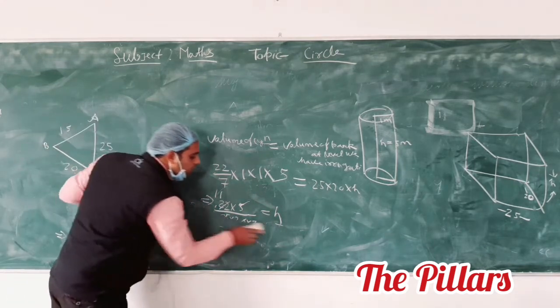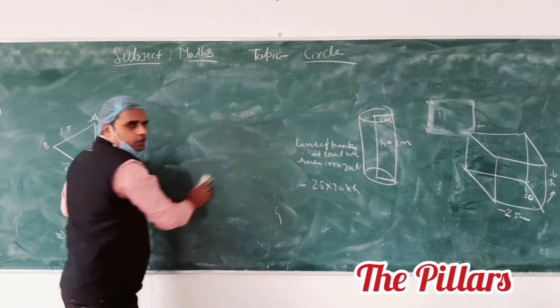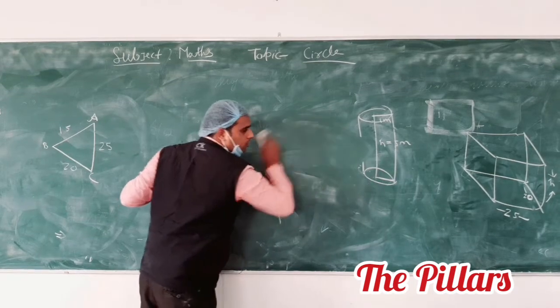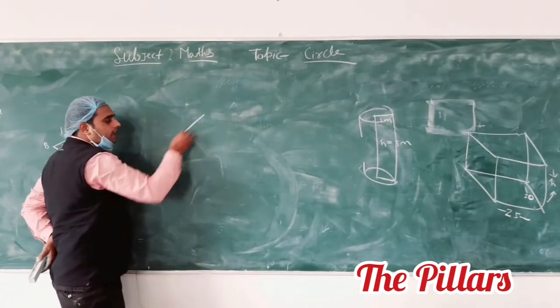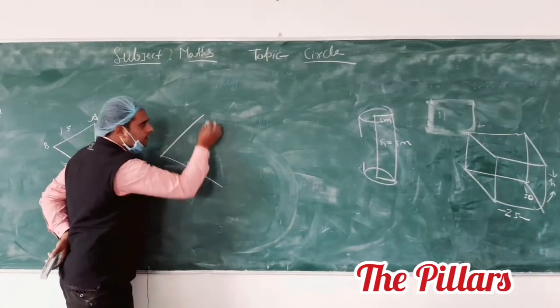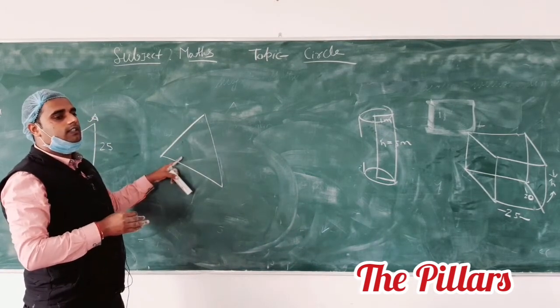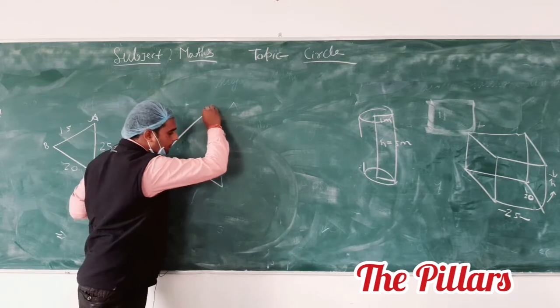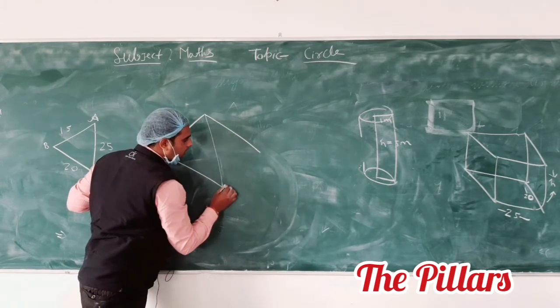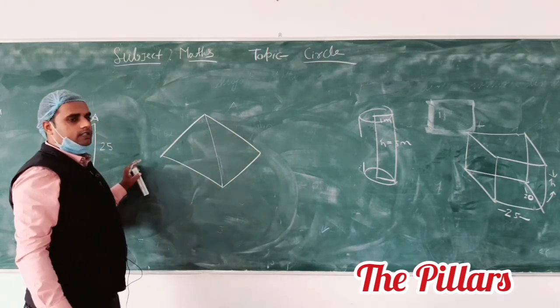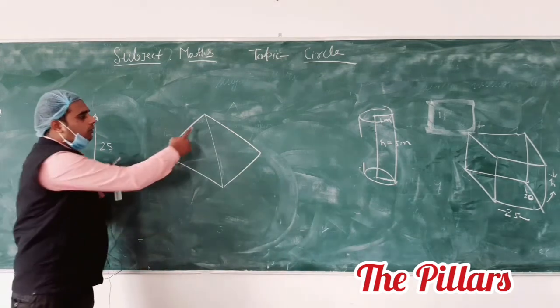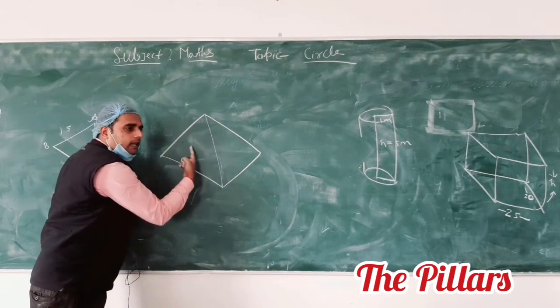According to the question, we have to rotate our triangle about the hypotenuse.